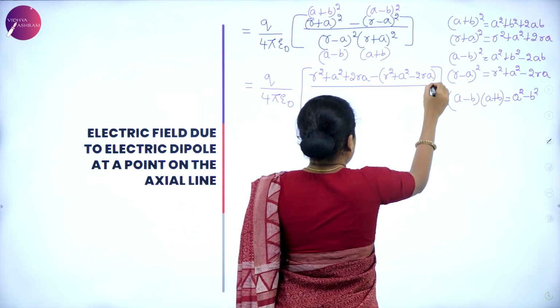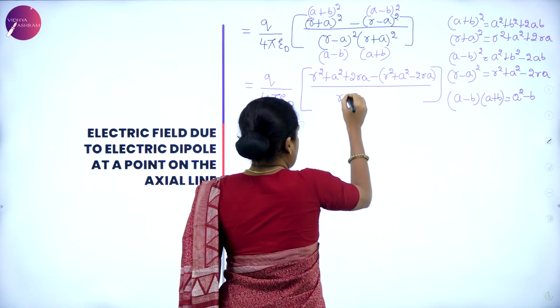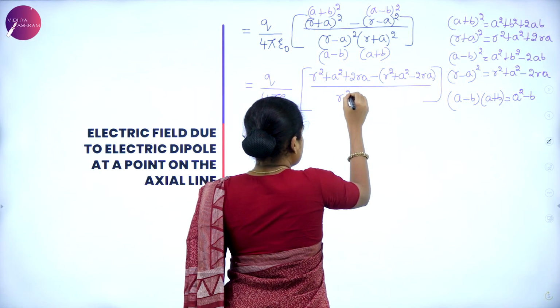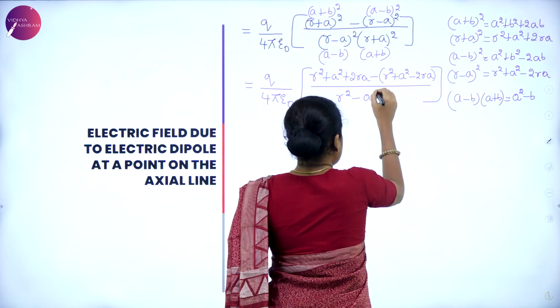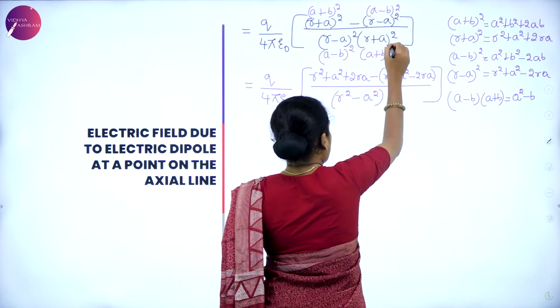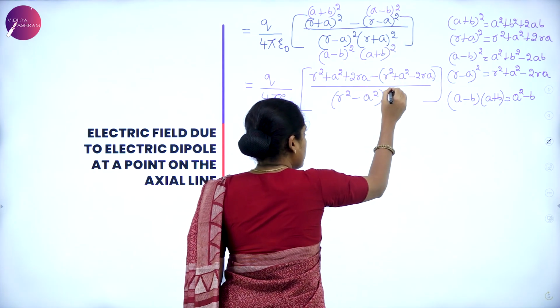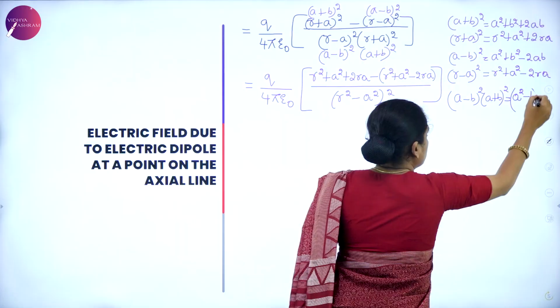So in the denominator we have A square, that is R square, minus B square is A square, and we have whole square for this. So you have to consider whole square.